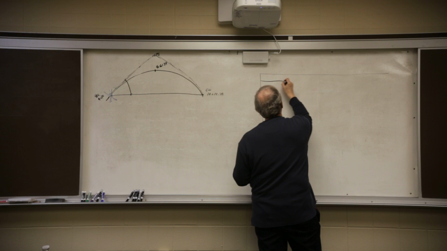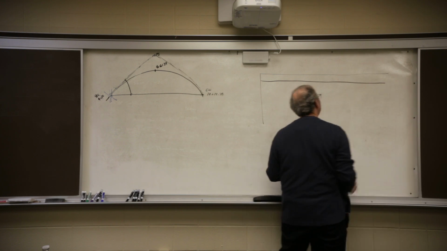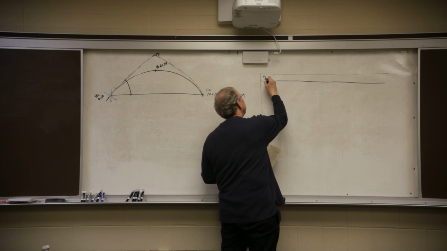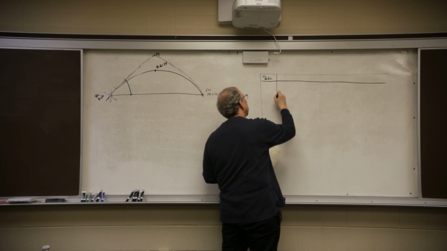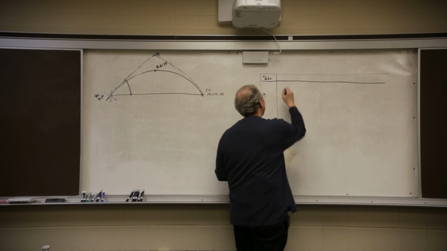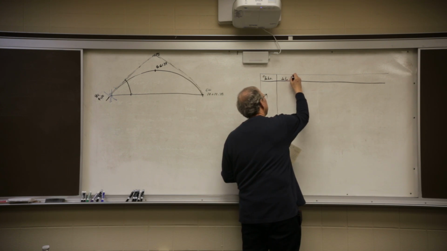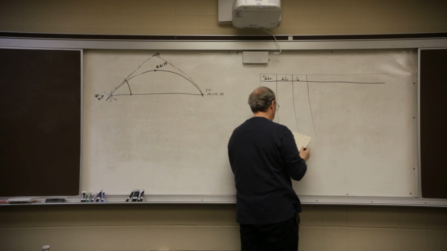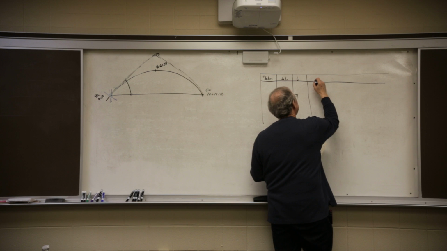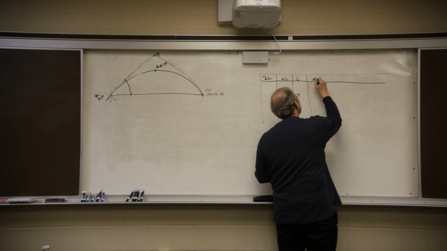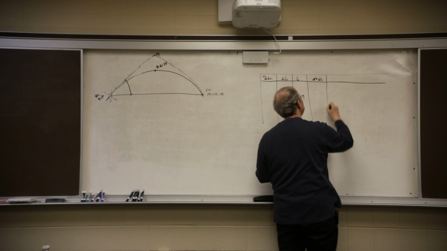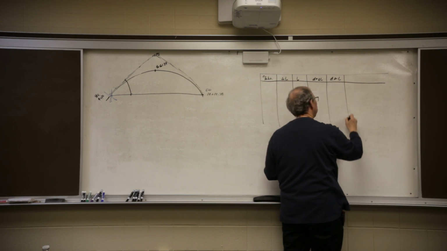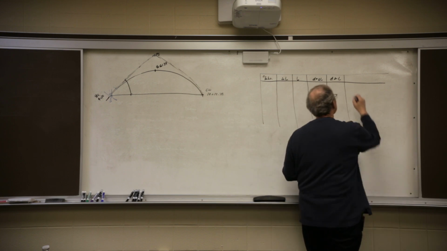This is the Excel spreadsheet table you're going to develop. The first column is the station. The second column is delta L. Third column is L. Fourth column is D times delta L. Next column is D times L. The next column is the short chord.